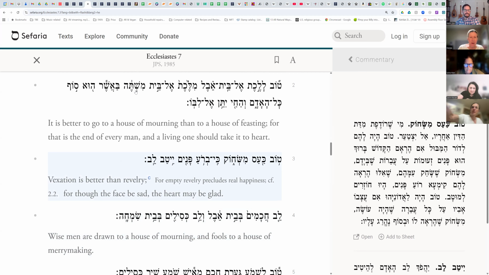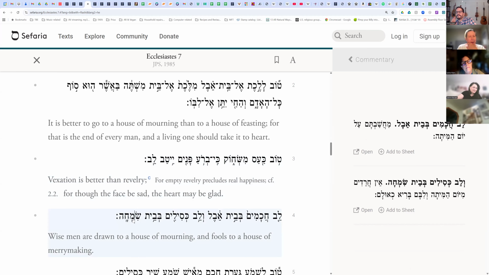To me, Simcha is almost a holy word, so I take it it's a very strange thing that they call it Simcha. The house of joy has a different connotation to me than merrymaking. What do you guys think?